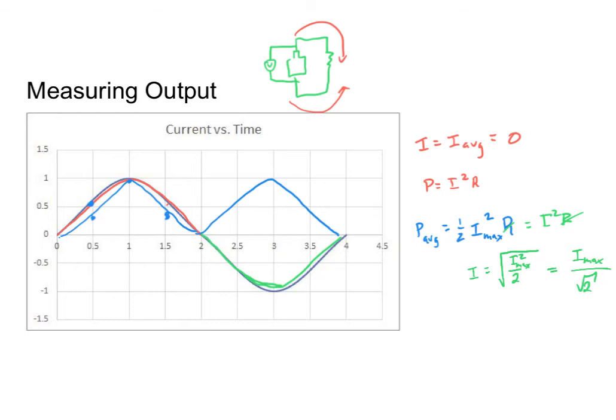And we are going to call that the root mean squared, or RMS current.